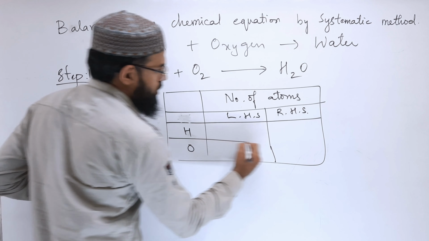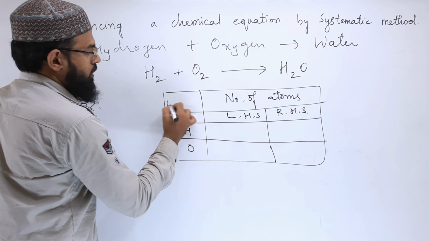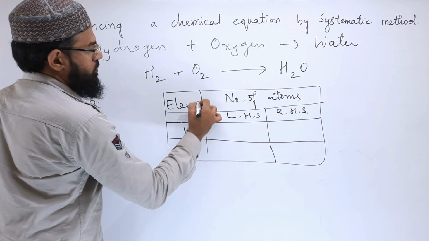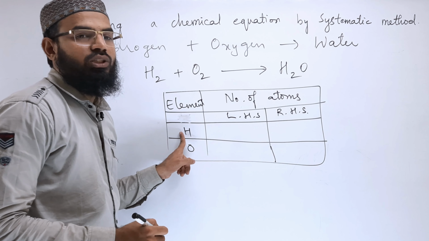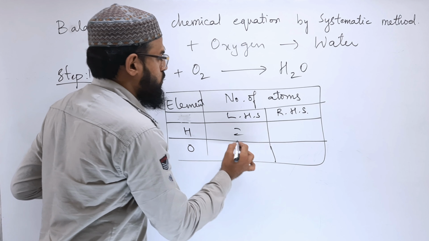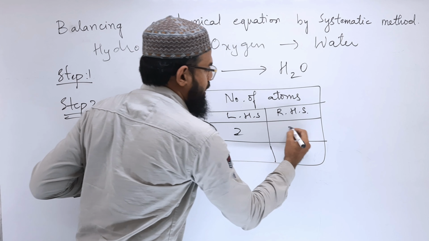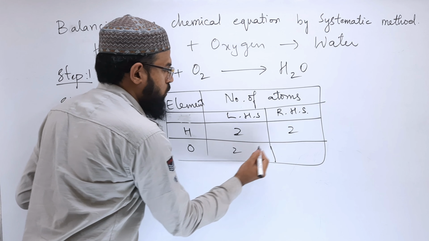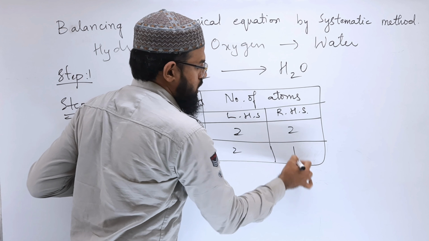How many hydrogens are there on LHS? 2. And on RHS it is 2. Oxygen 2, and on RHS it is 1.